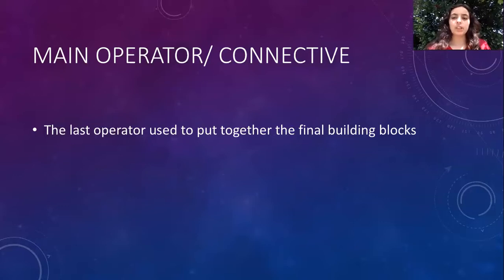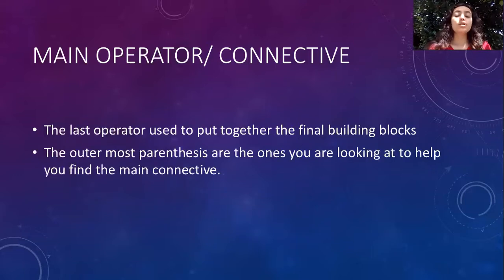So if there's addition, subtraction, multiplication, and multiplication is the last thing you did with the last 2 numbers, for example, then that would be your main connective. We use parentheses to really help us find that main connective, and I wanted to show you some examples to really highlight that.